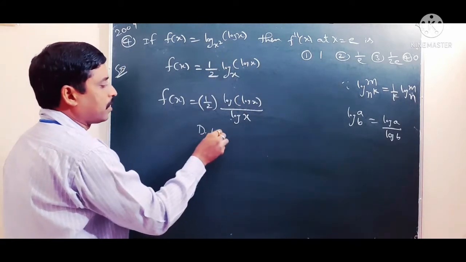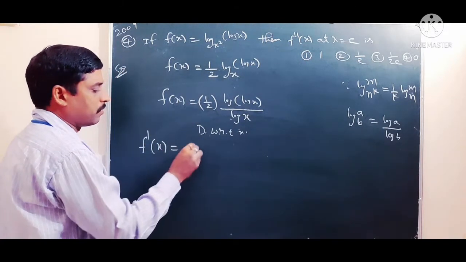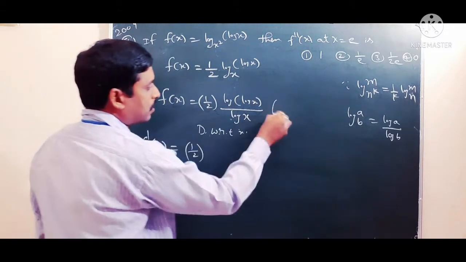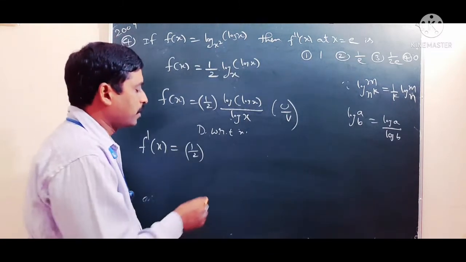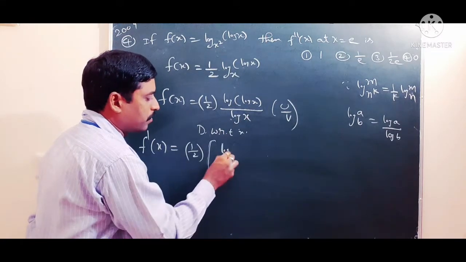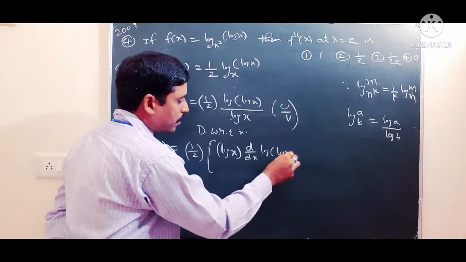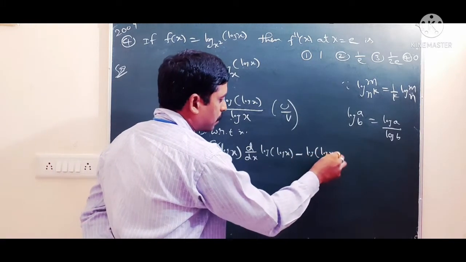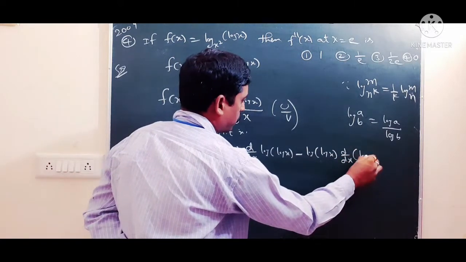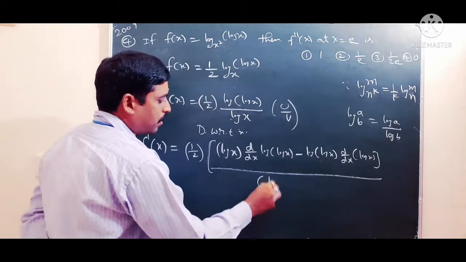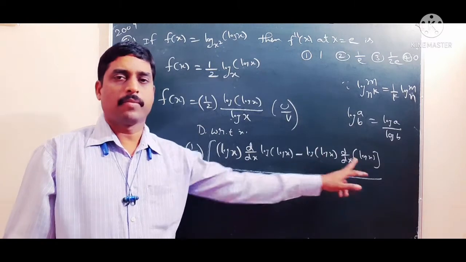Now applying derivative on both sides with respect to x, we get f dash x equal to 1 by 2, a constant, times the u by v formula. What is the u by v formula? v into derivative of u minus u into derivative of v, this whole divided by v square. Here v is log x, so log x whole square.